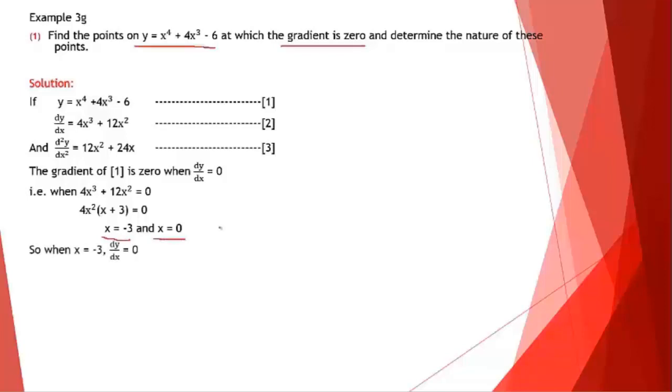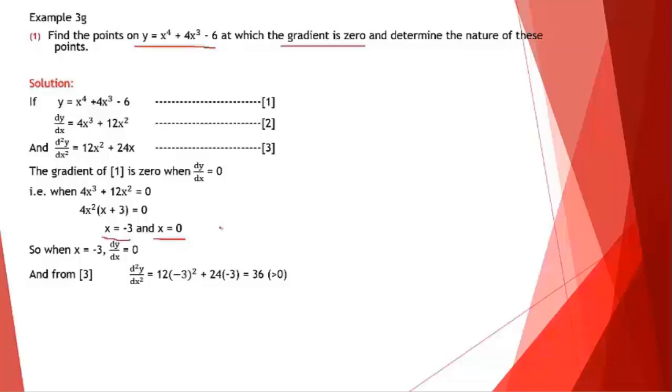So when x equals negative 3, dy by dx equals 0. And from the third equation, by substituting negative 3 for x, we get 12 times negative 3 to the power 2 plus 24 times negative 3 equals 36. So we have got a value which is greater than 0.